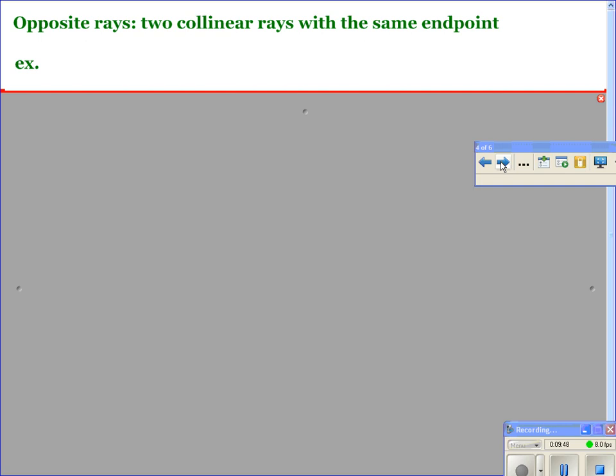Opposite rays. 2 collinear rays with the same endpoint. Now, collinear, probably a word you haven't seen before. That means in a line. And we'll get a picture to go along with that.